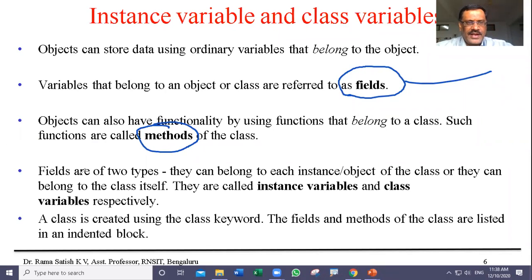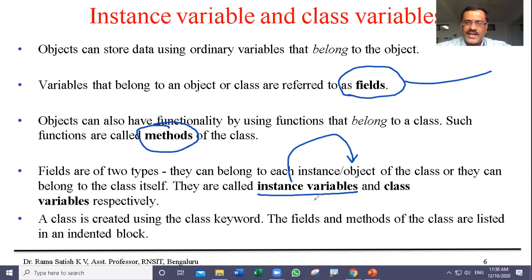And the fields are of 2 types. They can belong to an instance or object, or belong to the class itself. Those belonging to the object are called instance variables. Instance variables are nothing but the variables that are there inside the object.